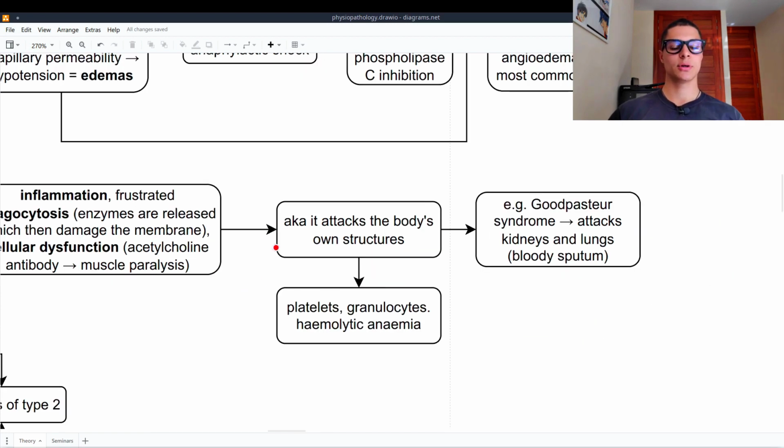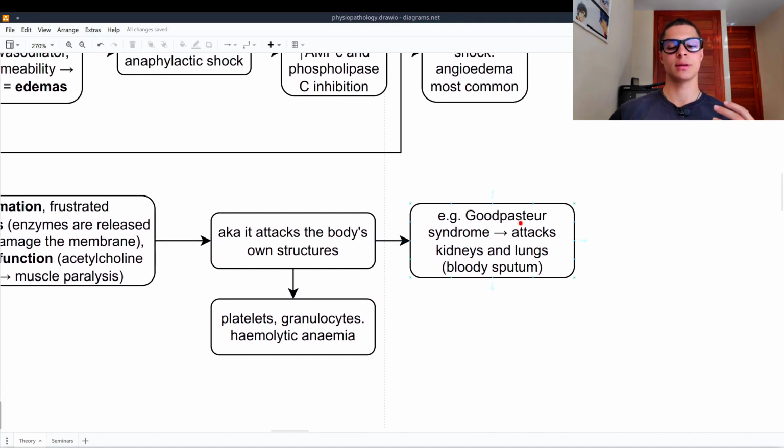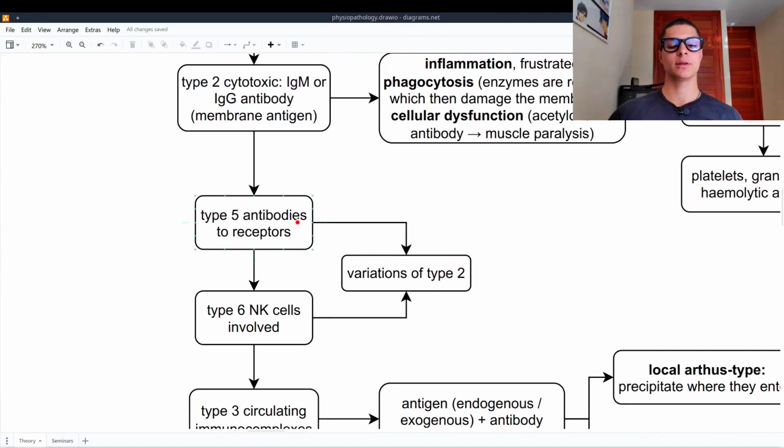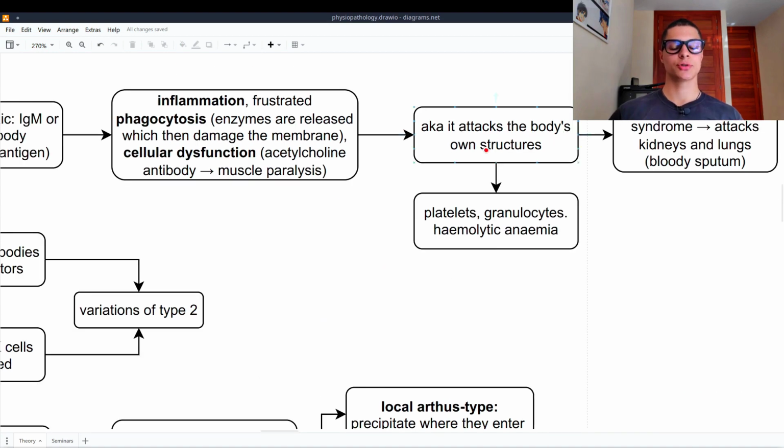Basically, this type 2 will attack the body's own structures, platelets, granulocytes, hemolytic anemia. An example of this is the Goodpasture syndrome, which attacks the kidneys and lungs, and we get a bloody sputum. Then you have to know that type 5 is antibodies to receptors, and type 6 has natural killer cells involved, which are variations of the type 2, so it attacks the body's own structures.